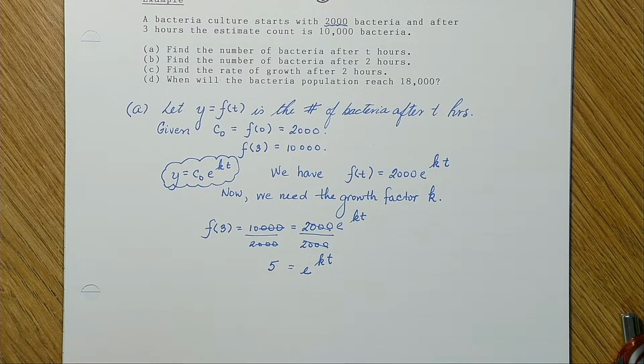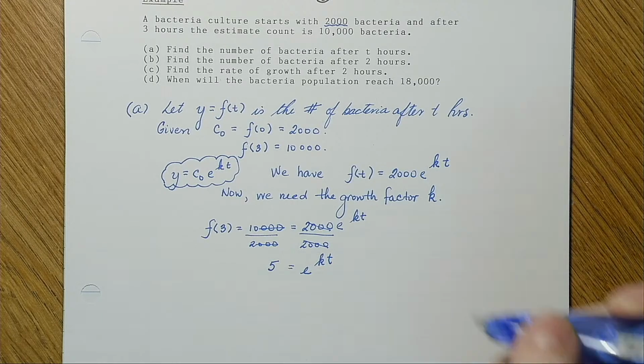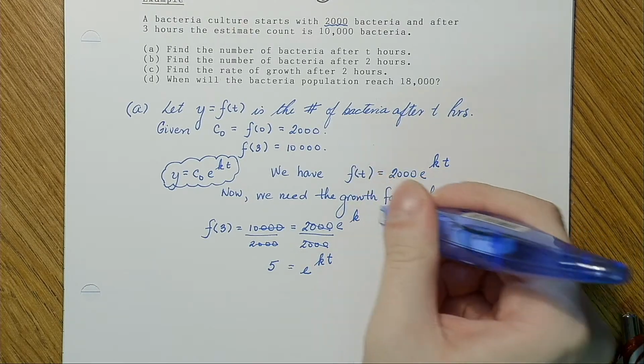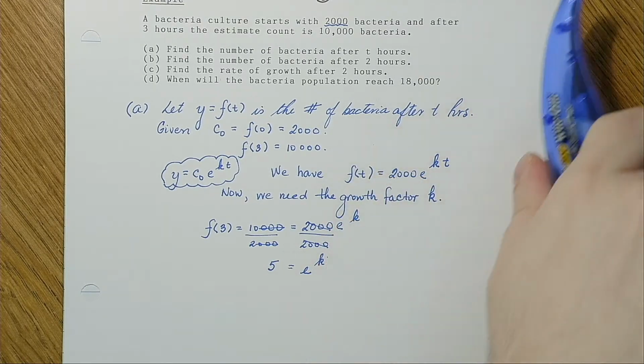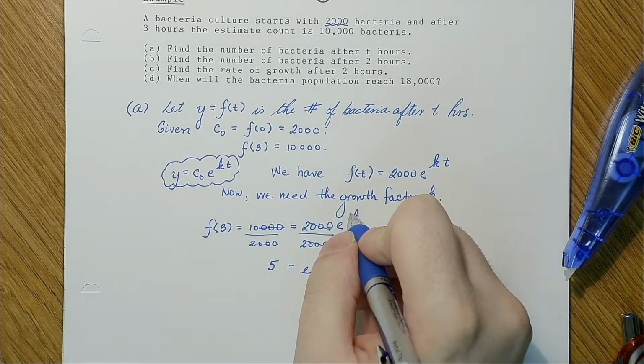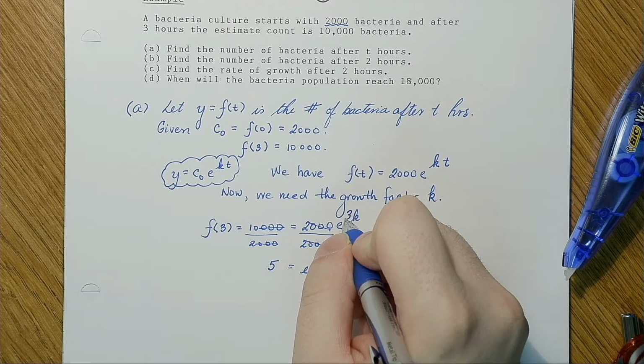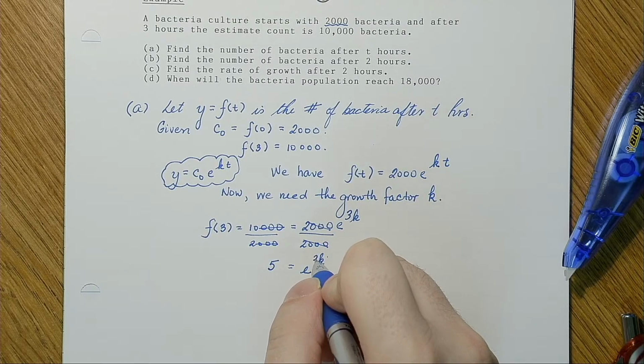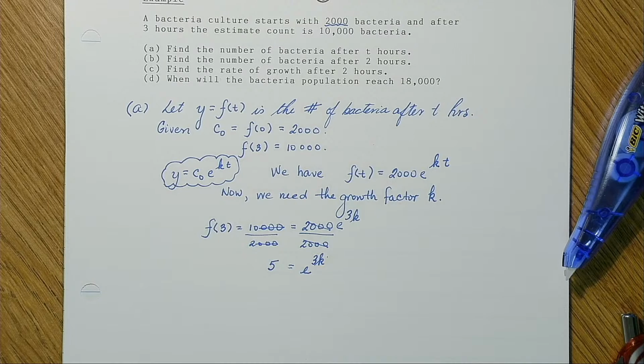Wouldn't it be 10,000 equals 10,000 times e to the 3k? That's right. So I'll put it over on this side, like that. Good.